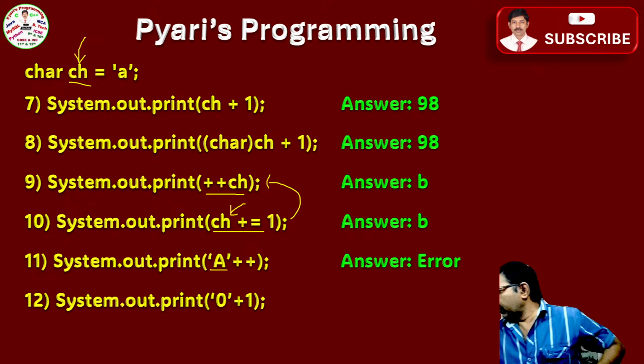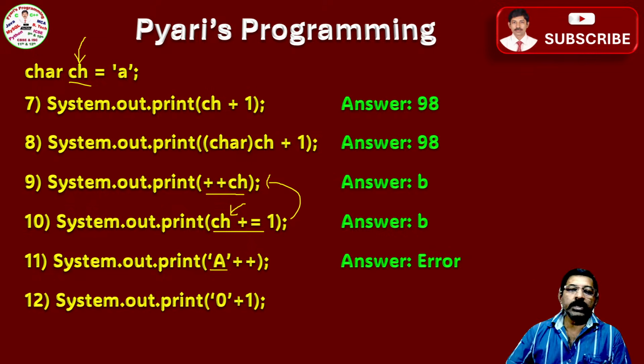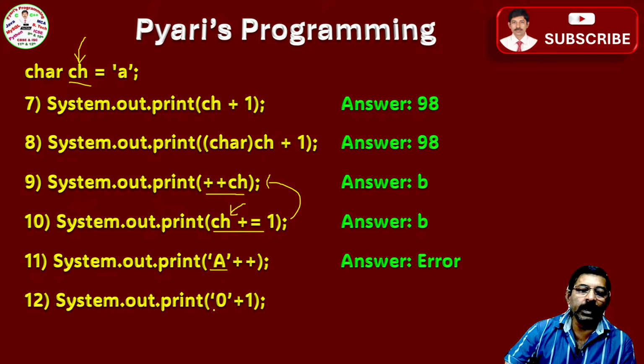Students are saying it is 49. Correct answer. This time it is not modifying the constant. It is performing an arithmetic operation.